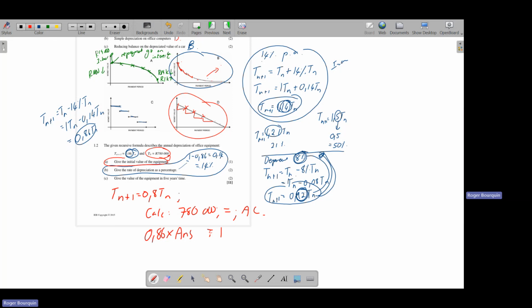You press it once, you'll get T1. I would always write down what T1 is: T1 is equal to 670,800. But they want to know the depreciation in 5 years' time. So you press it second, third, fourth, fifth time, and eventually you get to T5 is equal to 366,933 Rand and 7 cents. Okay, so that is question 1.